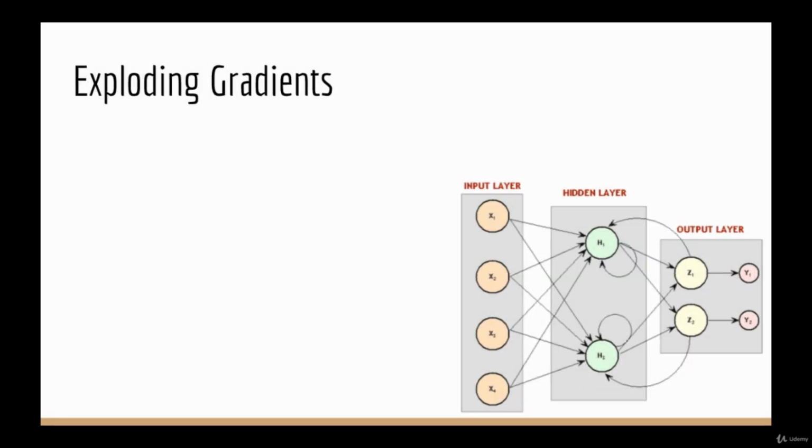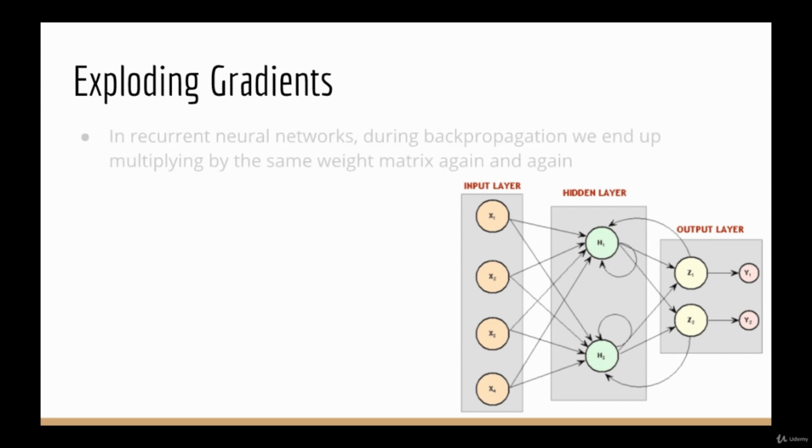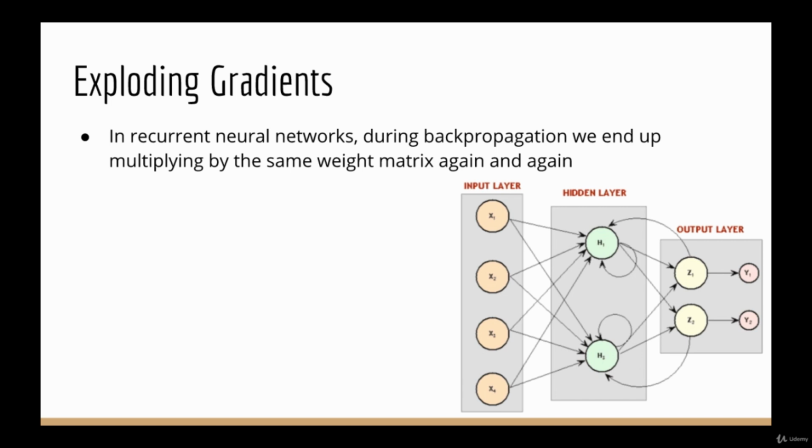On the opposite end of the spectrum, we can also have exploding gradients. This happens in the realm of recurrent neural networks. What happens in a recurrent neural network is that you end up multiplying by the same weight matrix again and again. Intuitively, if you think of a scalar and you multiply it by itself over and over, one of two things can happen.